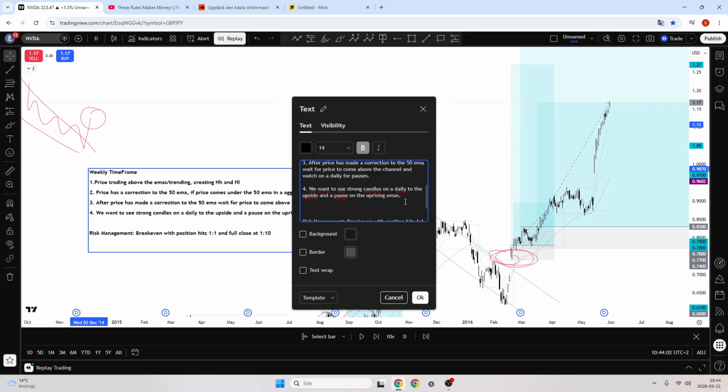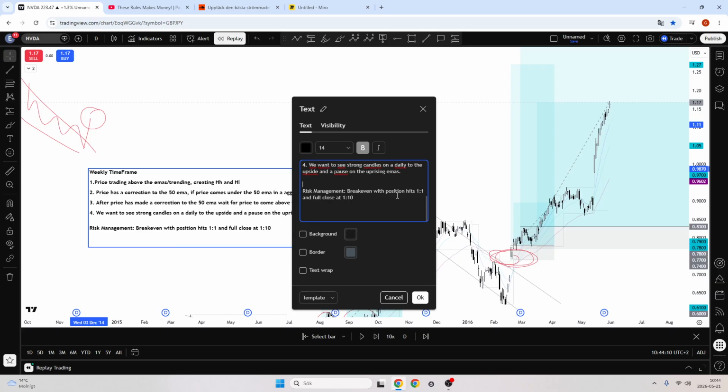All right. So this is, we will do like this. We want to see strong candles on a daily to the upside and pause on the uprising EMAs. All right, so hopefully that is clear.